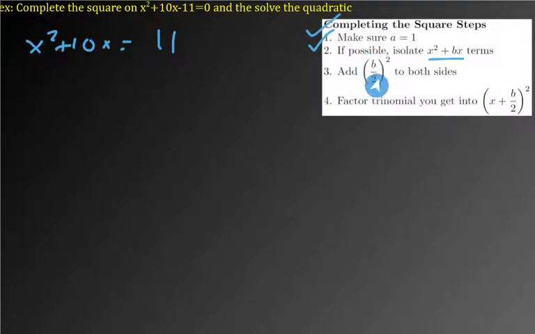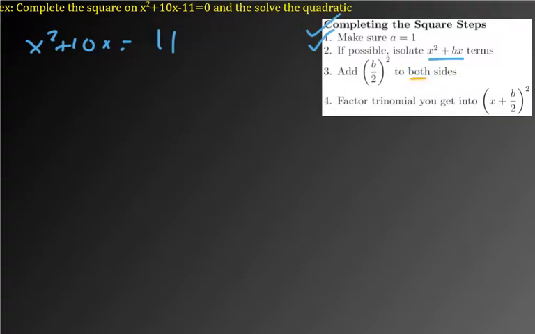Then this is the magical thing that we add to both sides. And I do have this other video that I want to post to show you why this is the thing that we have to add to both sides. But as long as we add something to both sides of the math, we don't change anything. So this isn't going to change anything about the problem if we just add it to both sides.